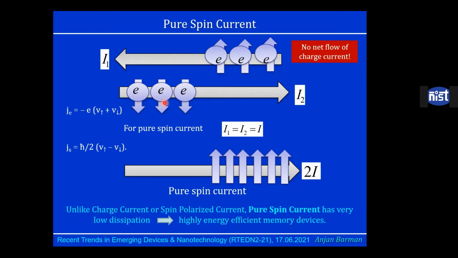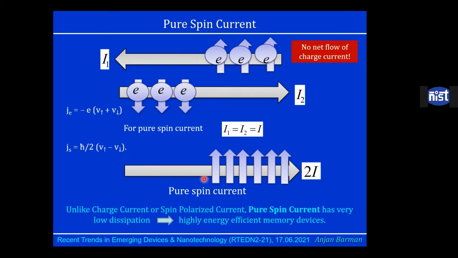So you will not have any effective charge current flowing through it. However, the pure spin current, which is defined as ħ over 2 times (v_up minus v_down), because their signs are opposite, will add up and give rise to a net pure spin current.